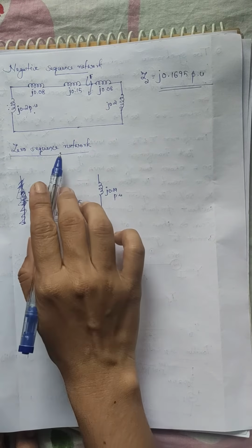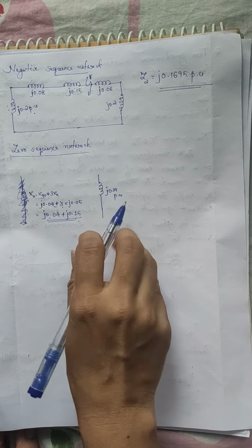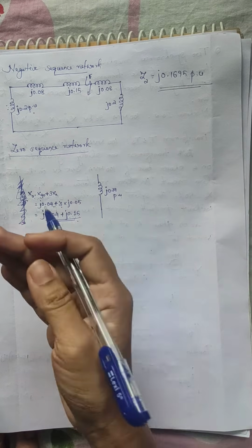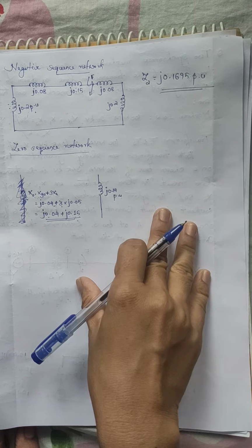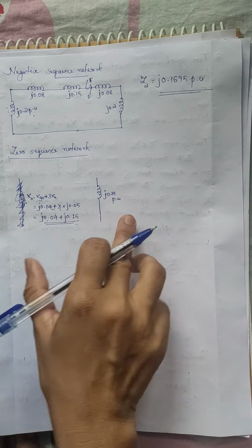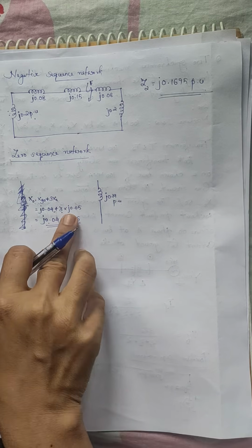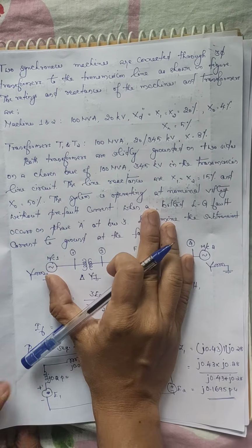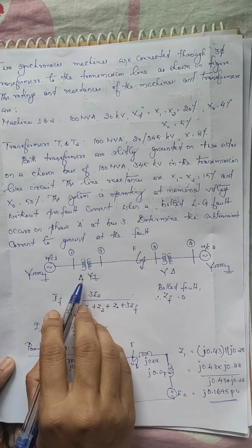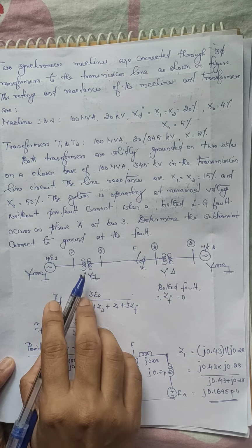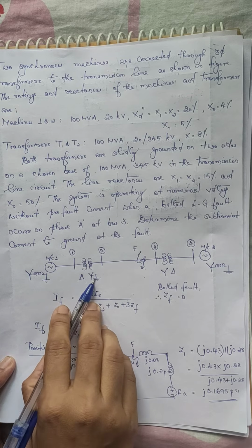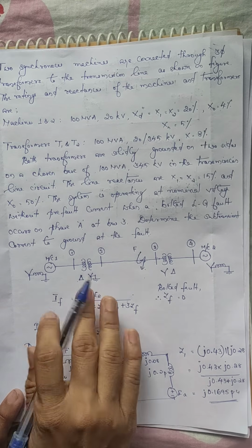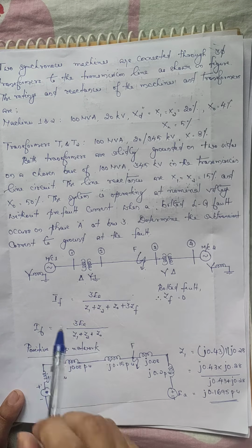While drawing the zero sequence network of a transformer, we have to check whether the winding is star connected or delta connected, and draw the zero sequence network accordingly. See transformer T1, primary is delta and secondary is star connected and star point is grounded.